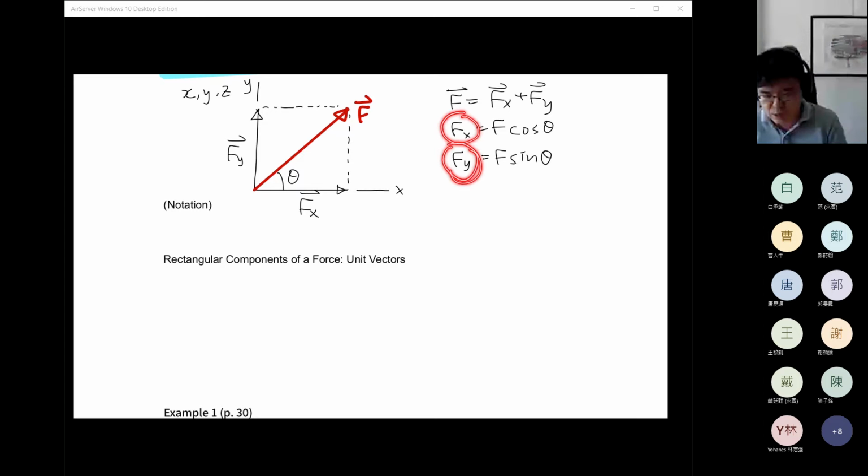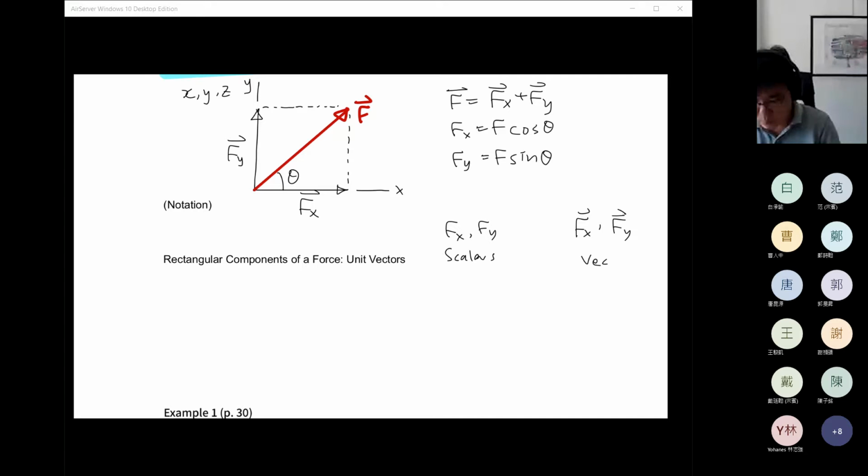These two are scalars, right? And these two are vectors. We want to find a way to link these two groups, the scalars and Fx, Fy as vectors. We want to link them.